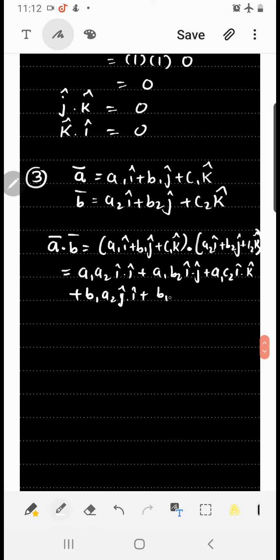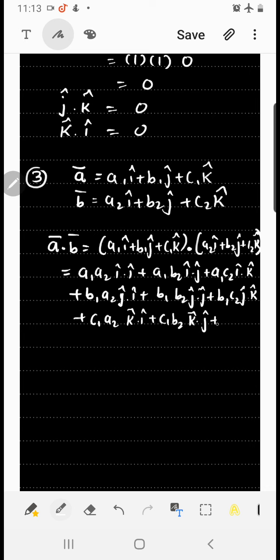The next terms would be b1 b2 j cap dot j cap and b1 c2 j cap dot k cap. Finally, let us take c1 k cap inside. So I get c1 a2 k cap dot i cap plus c1 b2 k cap dot j cap plus c1 c2 k cap dot k cap.